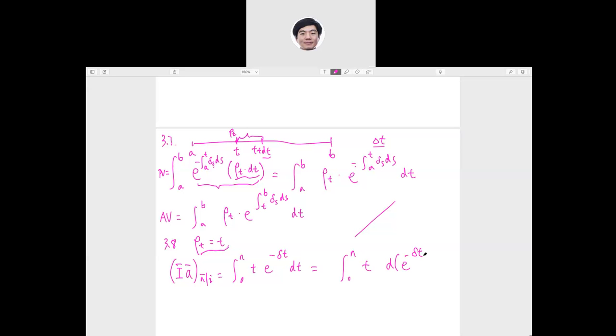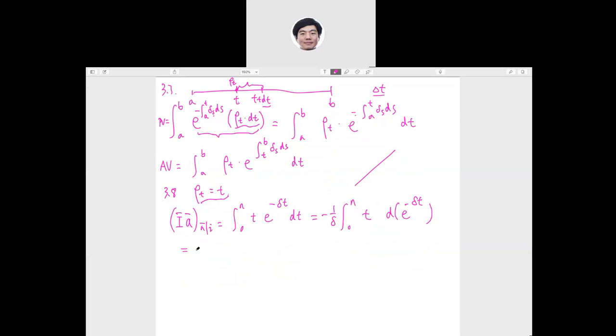I bring in the exponential, so I will need to divide by the constant part, and then it would be negative 1 over delta t times e to negative delta t from 0 to n, then plus, so switch the position. So here I do it again, so I need to divide by another negative 1 over delta. Right, so you get the result.